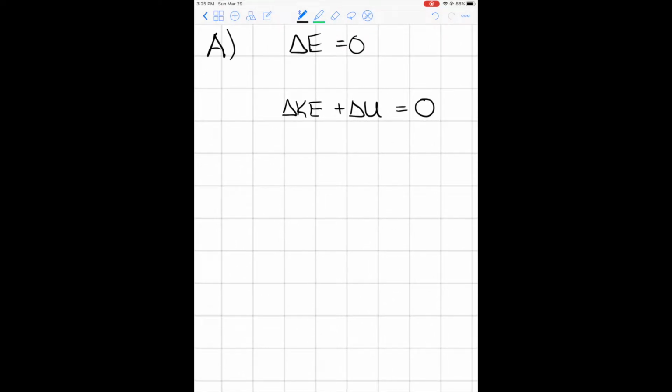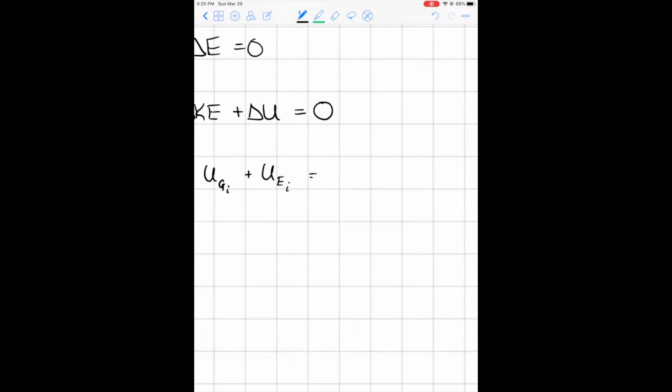If we break this apart a little bit, everything that we begin with, some kinetic energy, maybe, some gravitational energy, maybe, some elastic potential energy, maybe, that should be equal to the final kinetic energy, the final gravitational potential energy, and then the final elastic potential energy.